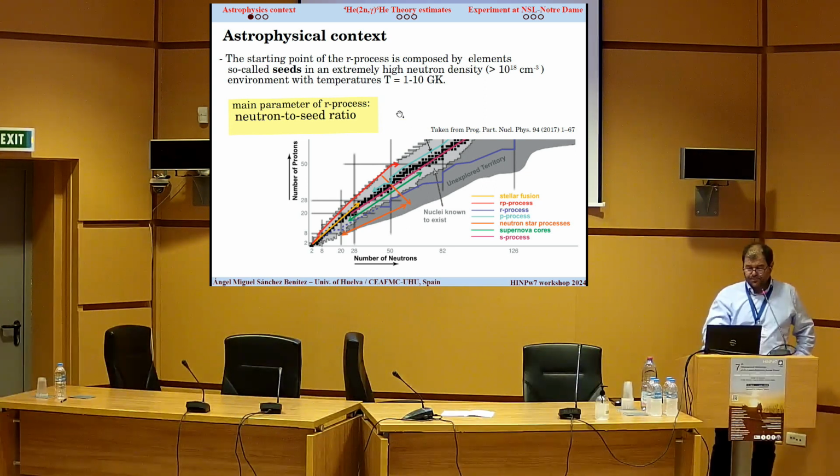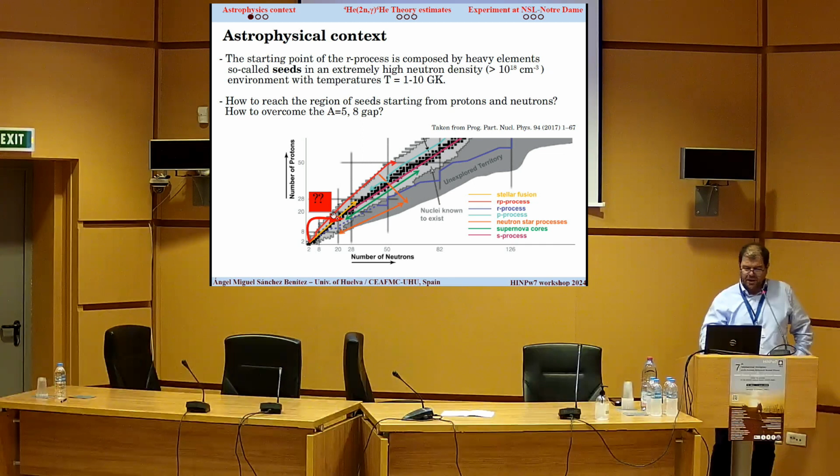So the main parameter is the neutron to seed ratio. But in a neutron star merger, what we have are protons and neutrons.